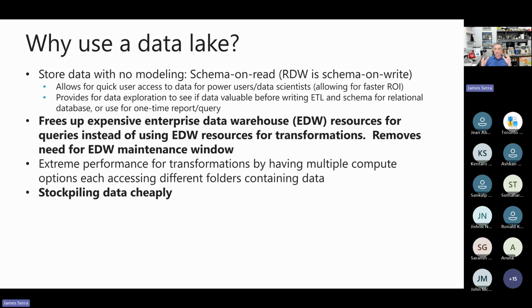The biggest one is if you think about having a relational storage and you're loading all these source systems in there, typically, because that's compute intensive to load data and then clean it, you have a maintenance window at night. So you kick people off, say at 8 p.m., you start loading all the data in, cleaning it, and then you cross your fingers that everything goes fine, and then you open up that maintenance window so people can jump on and start using it.